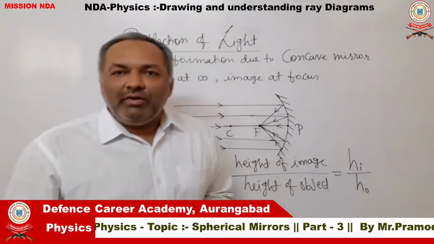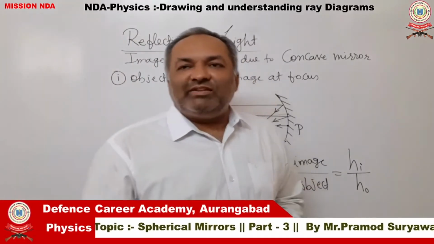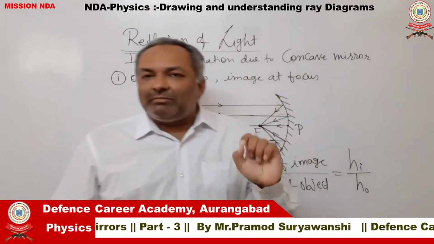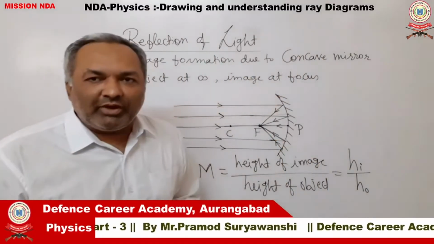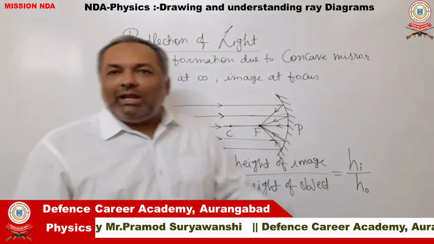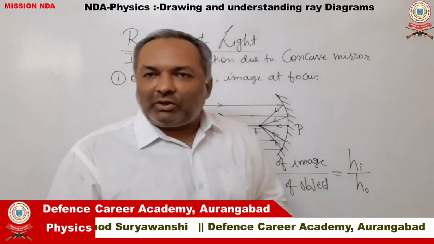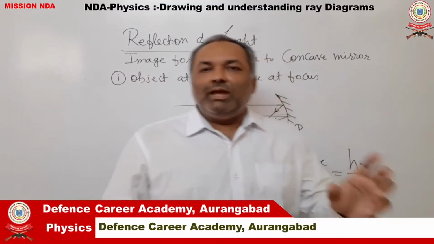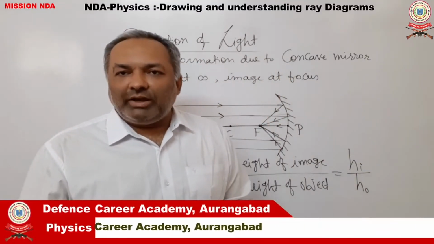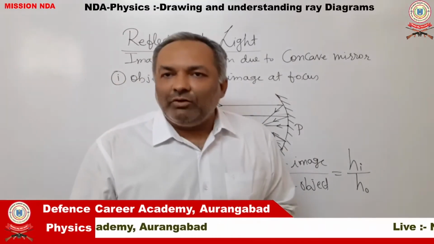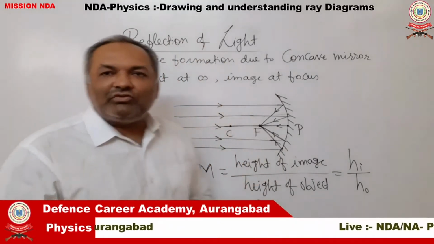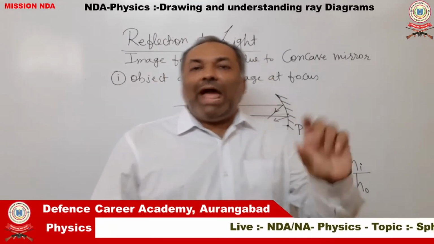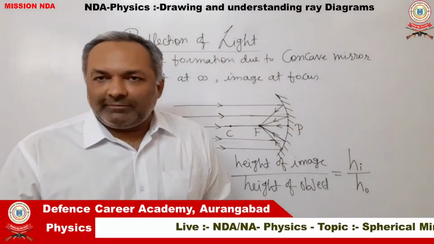Suppose the magnification is given in an example as 3, that means the image is 3 times as big as the object. So it gives you the relative size of the image with respect to the object, how large or small the image is in comparison with the object. But please make a careful note that in magnification, you are comparing the actual size of the image with the actual size of the object.